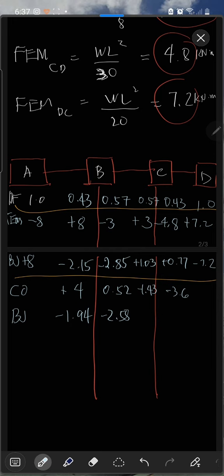So same goes, no? Negative 1.43 minus 3.6, negative 5.03 times 0.57, we have negative 2.87, so positive 2.87. Same gyapon, negative 5.03 multiplied by 0.43 distribution factor. So negative 2.16, then convert the sign, we have a positive 2.16.